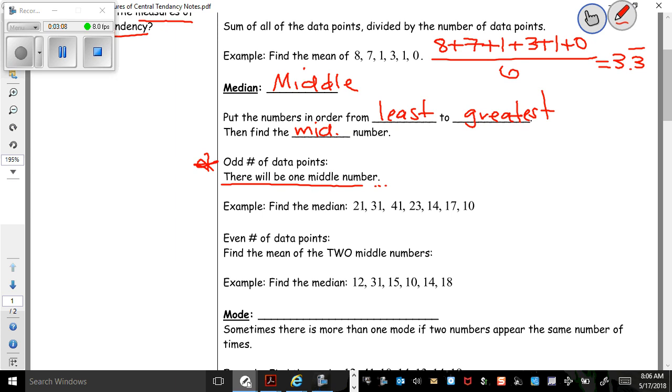Let's do it down here. What's the first one? 10. Then what? 14. 17. 21. 23. 31. 34.